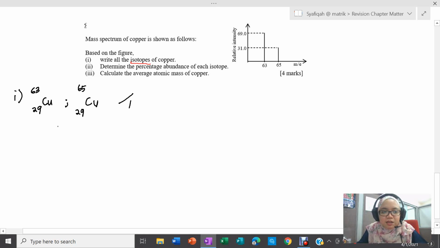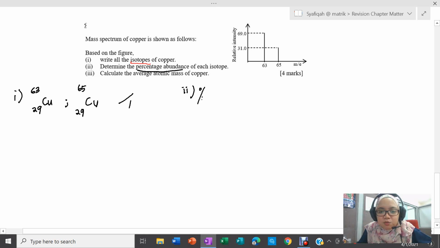Okay? So, second one, kita nak jawab. Dia kata, determine the percentage abundance of each isotope. Okay, the question give you the relative intensity ataupun relative abundance tapi bukan dalam percentage. So, how are you going to find that percentage, the abundance in terms of percentage?